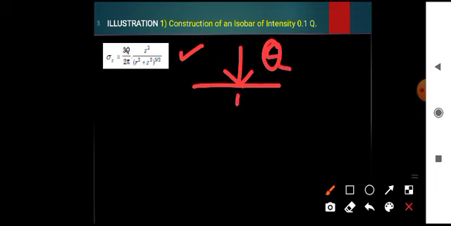Now here, as we know, the isobar is a symmetric diagram. The q is the point load applied on the surface, and this is the line of action of the load.